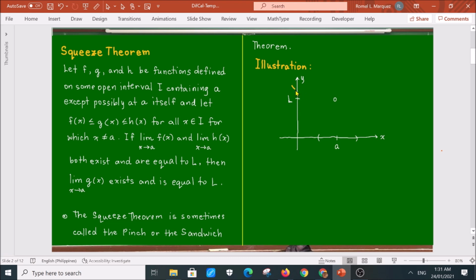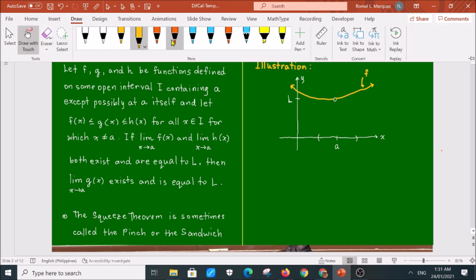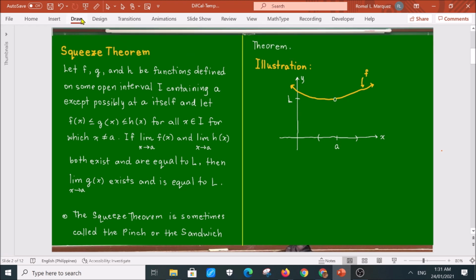The graph of f is this. So let's call this f. The graph of h is given by this.